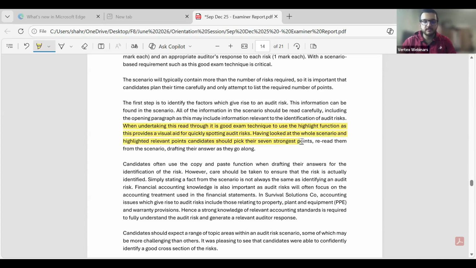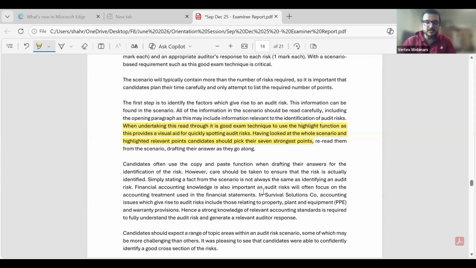While you're reading, you should be highlighting your strongest 7 or 8 points. Normally these audit risk questions will ask you to identify and explain 7 or 8 audit risks and the audit responses that you would perform to respond to those risks. Candidates often use copy and paste functions while identifying the risk. However, care should be taken to ensure the risk is actually identified.